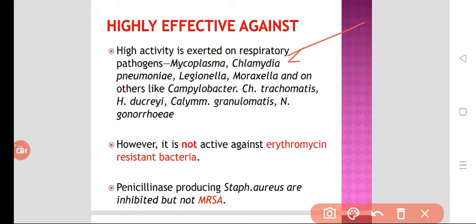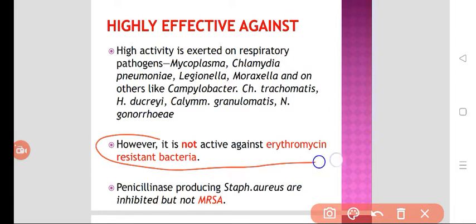That's why it is most commonly used in upper respiratory tract infections: Mycoplasma, Chlamydia pneumoniae, Legionella, Moraxella, Chlamydia trachomatis, Haemophilus ducreyi, Klebsiella granulomatis, Neisseria gonorrhoeae. It is highly effective against all these microorganisms. However, it is not active against erythromycin resistant bacteria.